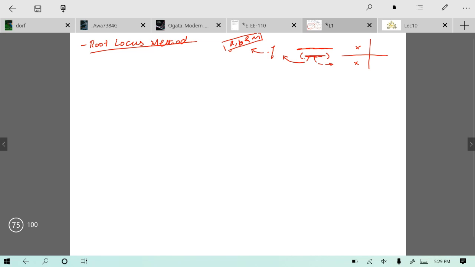But what happens if zeta changes automatically, either on its own or by some controller?